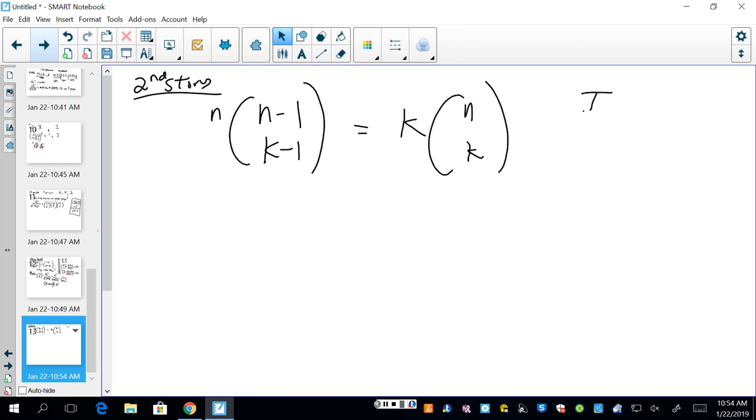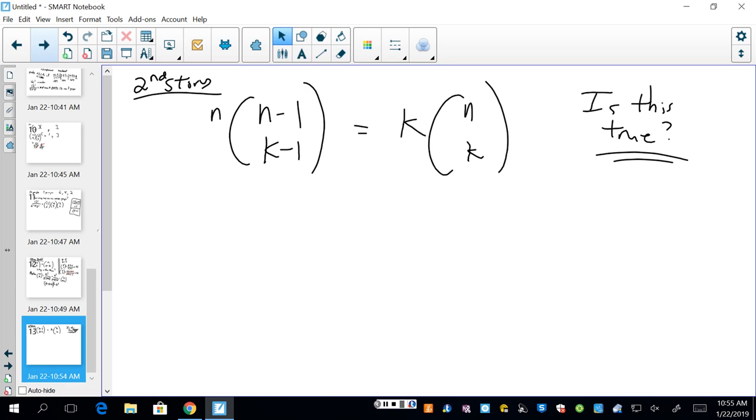Is this true? Are these combinatoric things the same? There's one way to do this with algebra, but you also can tell a story in a certain way to make these things look similar. Let's do the story first.